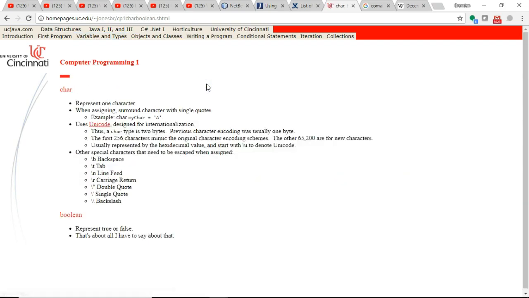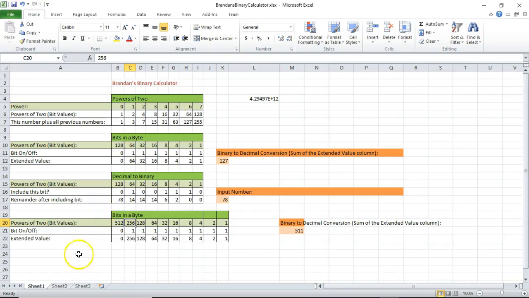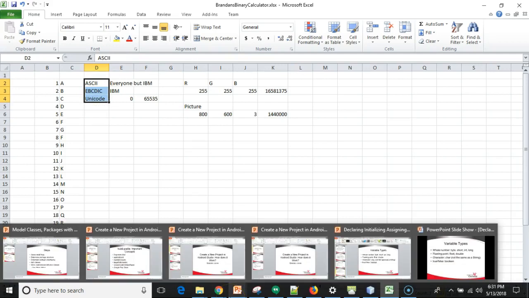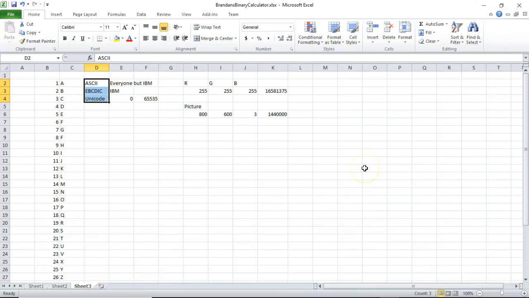Okay, just a couple more to go. So we have char and boolean. Char is a single character. So it could be an A, B, C, D, something like that. So for this, we can go to the binary calculator, and let's go to our sheet number 3 here. And there are a couple of different encoding mechanisms that we have. So we have ASCII, the American Standard Code for Information Interchange.